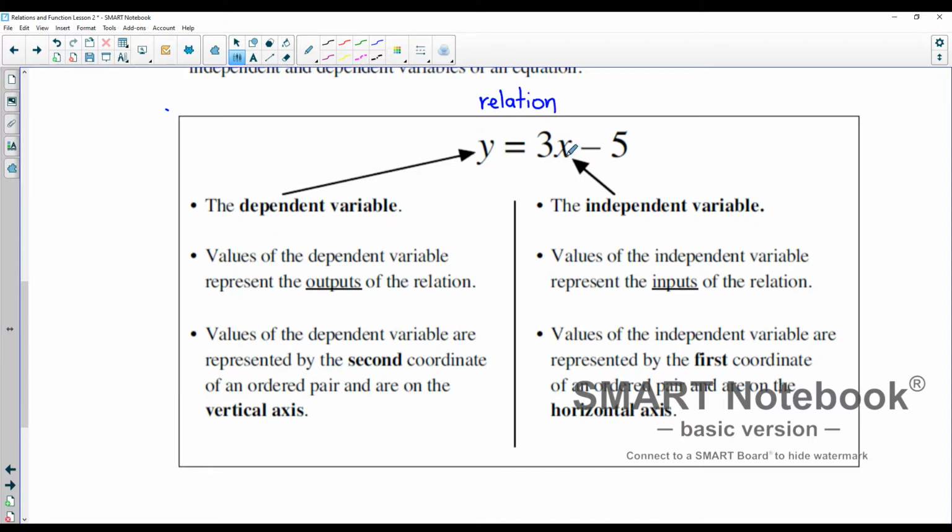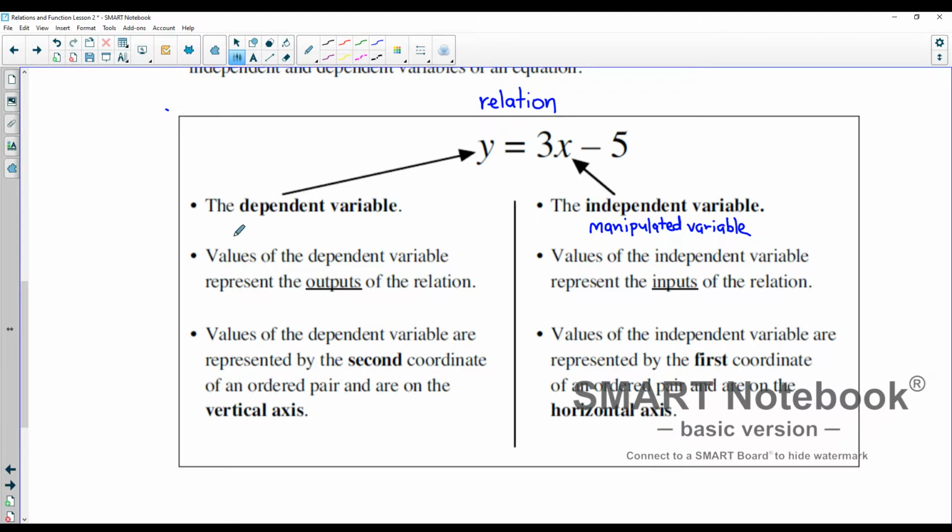The variable x is what we call the independent variable, or the name that I was referring to it as in the last class was the manipulated variable. And the manipulated variable just represents your x values, which again, you plot on the x-axis.